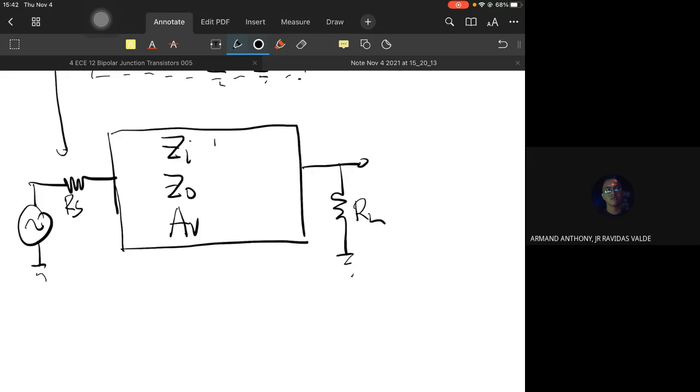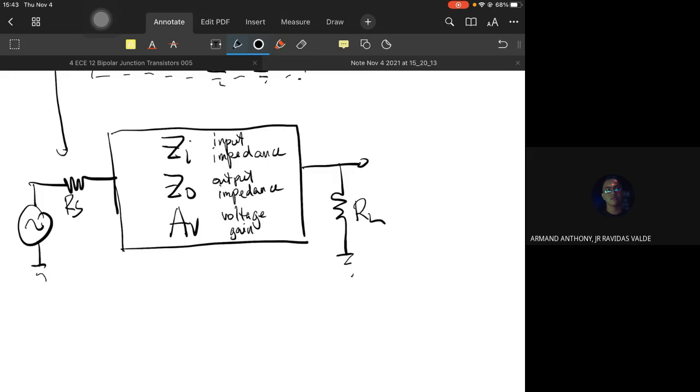ZI, or the input impedance; ZO, or output impedance; and AV, which is voltage gain. There is also current gain, AI, but we will not focus on that.